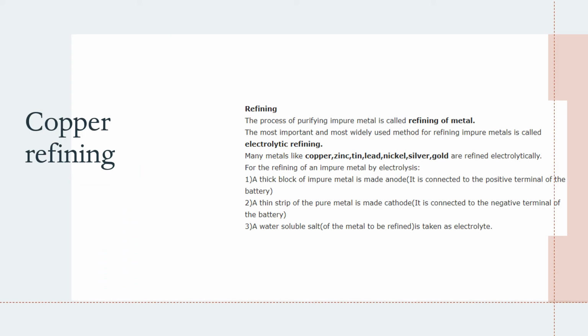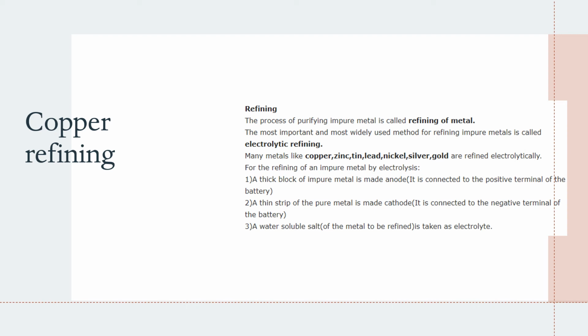Copper refining. The process of purifying impure metal is called refining of metal. The most important and most widely used method for refining impure metals is called electrolytic refining. Many metals like copper, zinc, tin, lead, nickel, silver, gold are refined electrolytically.